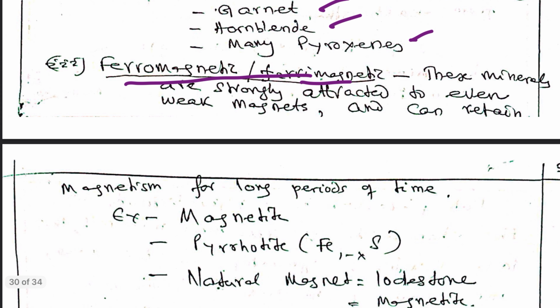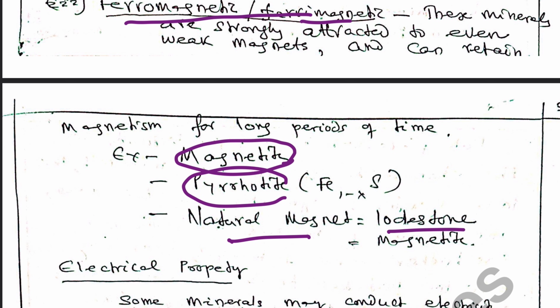Magnetism for long periods of time is retained by minerals such as magnetite, which is highly magnetic, pyrrhotite, highly magnetic, and natural magnets such as lodestone or magnetite. These are lodestone. These are natural magnets, and ferromagnetic minerals can be magnetized by using these natural magnets.